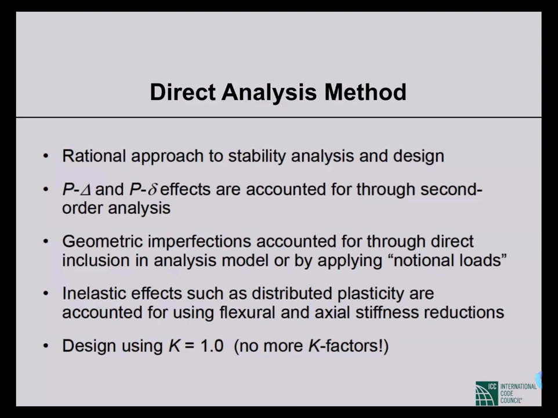So this method is a rational approach to stability analysis and design. Why is it a rational method? We'll discuss. Second point is P delta, P large delta and P small delta effects are accounted for through second order analysis. Both are accounted for. In our effective length method, we also account for both of these effects using B1 and B2 factors. Here we treat it in a different way.